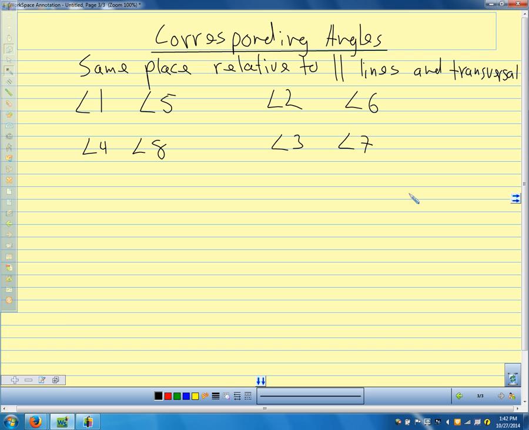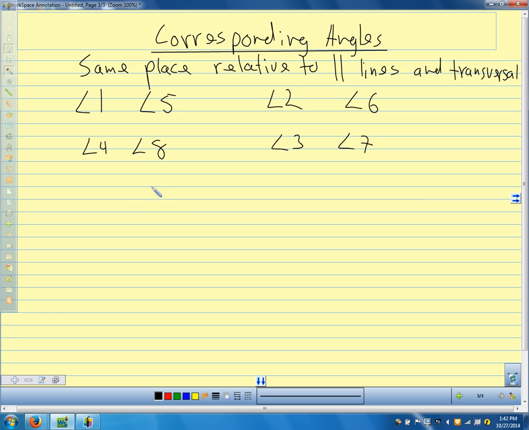So looking at your graphic organizer and looking at angle 1 and 5, how would you say they compare? They're corresponding. Just by how they look, how do their sizes compare? They look the same, right? It turns out that that is true.